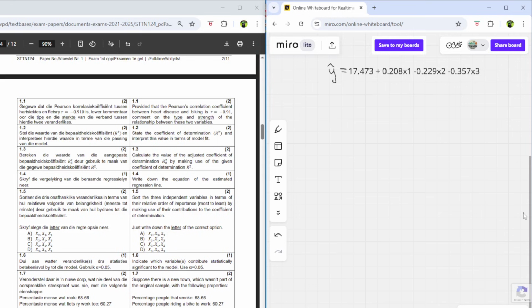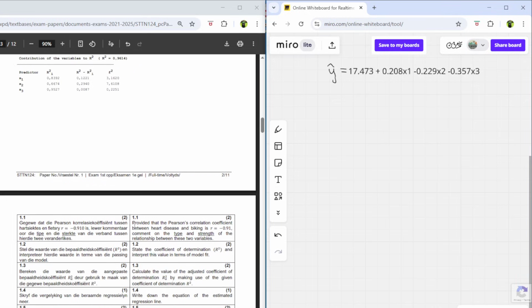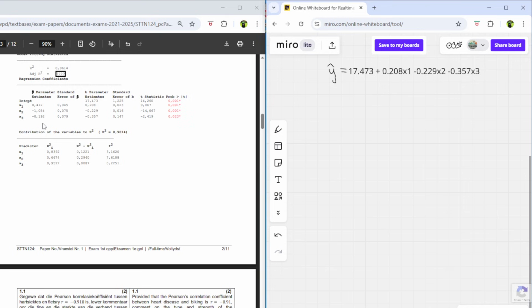1.5, they say sort the three independent variables in terms of their relative order of importance, most to least, by making use of their contributions to the coefficient of determination. Now, in this question you're going to focus on the contribution of the variable to r squared. So you're going to focus on this part of that output, because this is where we see the contribution.